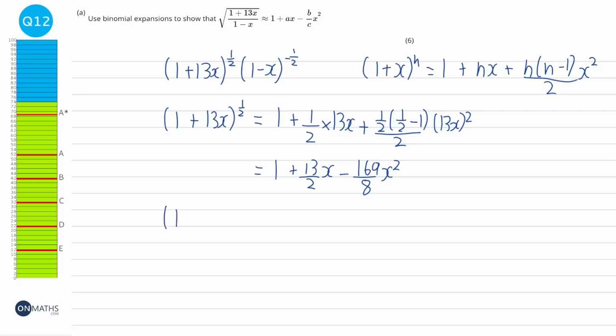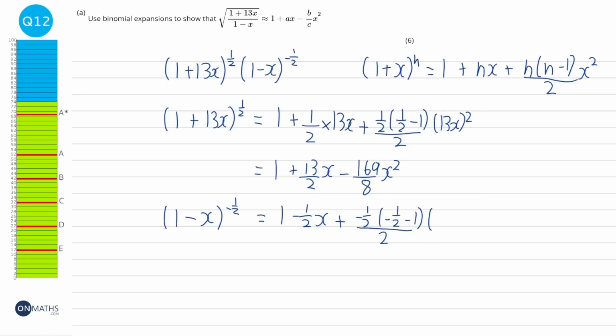And we're going to expand the second one, so 1 minus x, which is a bit easier because we've got an x now. So it'd be 1, and then it would be minus a half times x, plus minus a half times minus a half minus 1 over 2.